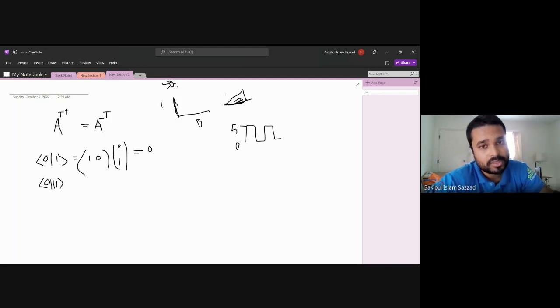We just check the voltage level, and there is some threshold. If we measure the voltage and find that it is more than 3, then we say this is 1 for the classical bit. And if it's less than 3, then we say this is 0.